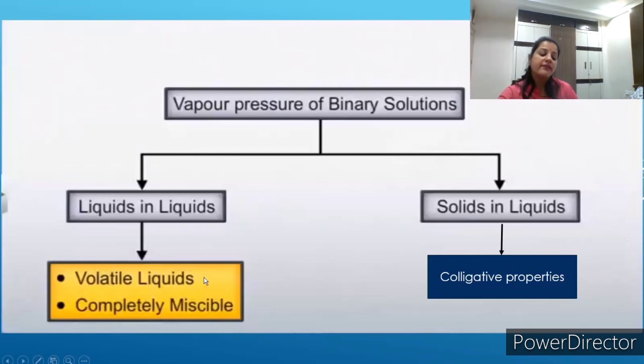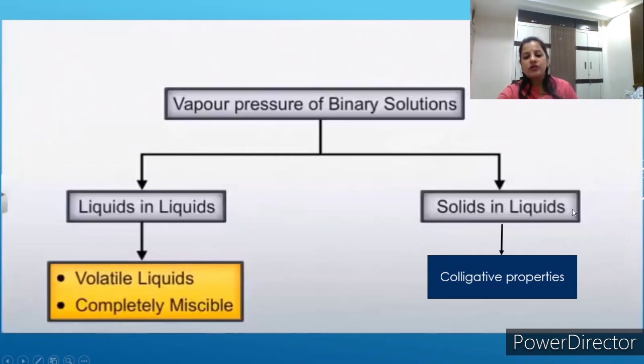Such liquids are called volatile liquids, and they are also completely miscible, meaning they do not form different layers like oil and water. So we are going to study the vapor pressure for such liquids which are volatile and completely miscible.